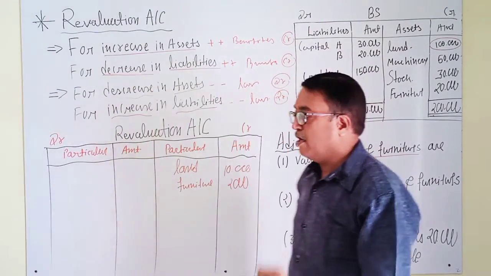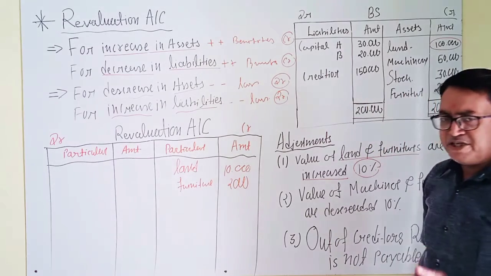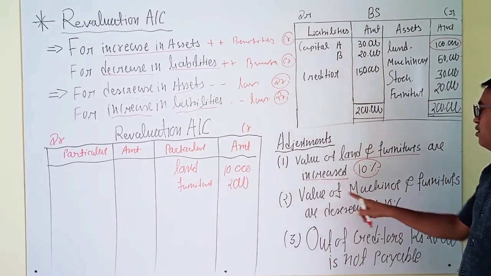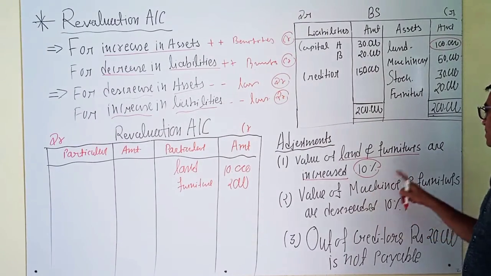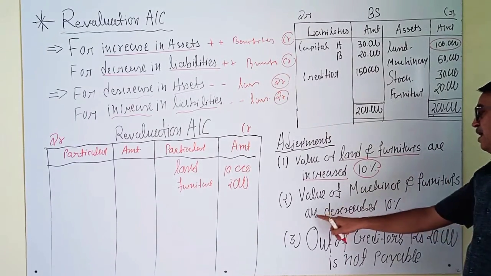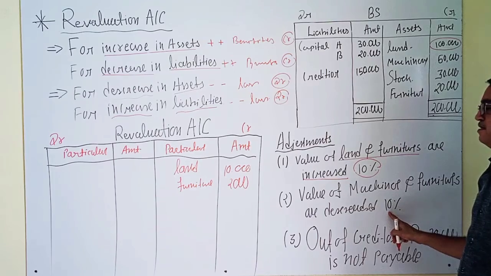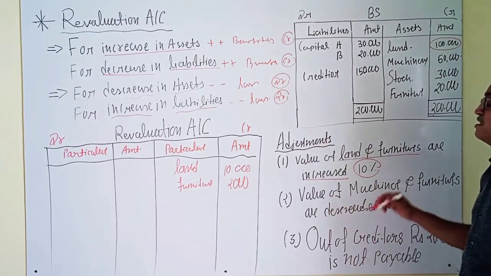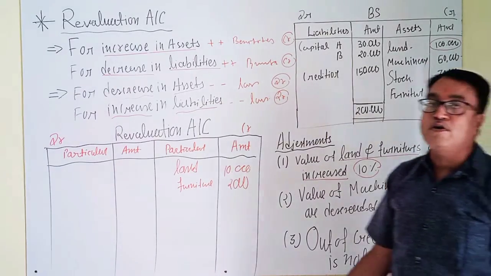Okay. Now, adjustment number 2. You can say the value of machinery and furniture are decreased by 10%. Decrease means it's our loss.